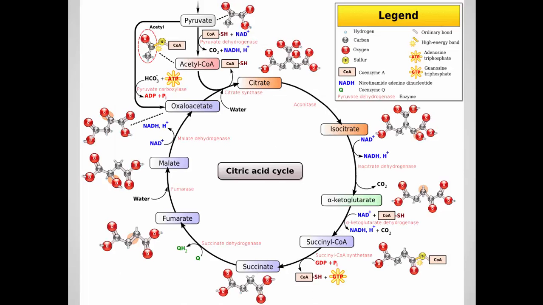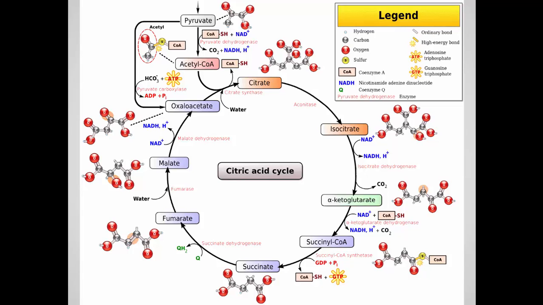Here's a little more detail for you. So you certainly don't need to know all of these details, but if you want to see sort of a more visual representation, we have our 3 carbon pyruvate up here. We lose a carbon dioxide. Gets combined with a 4 carbon, so that turns it into this acetyl-CoA.